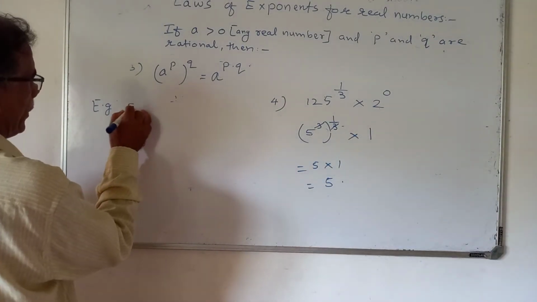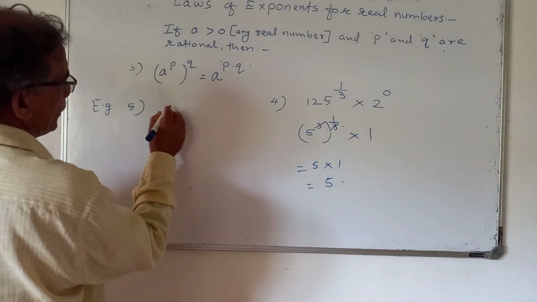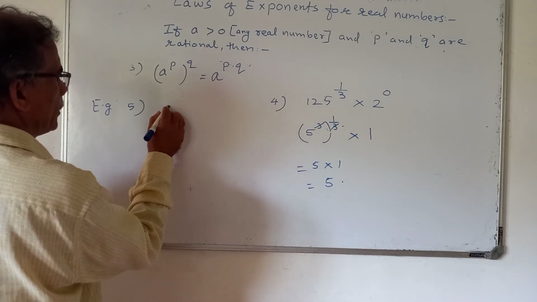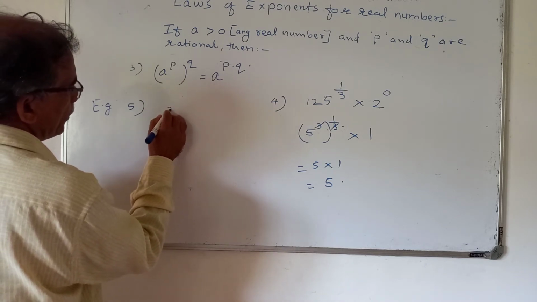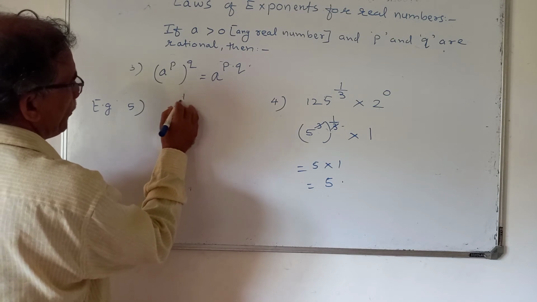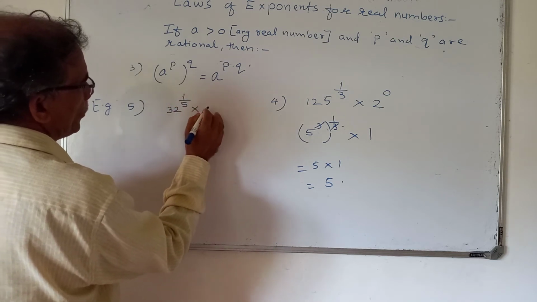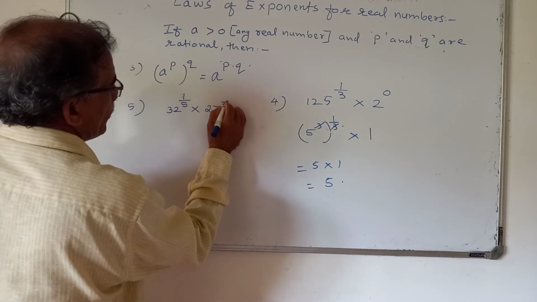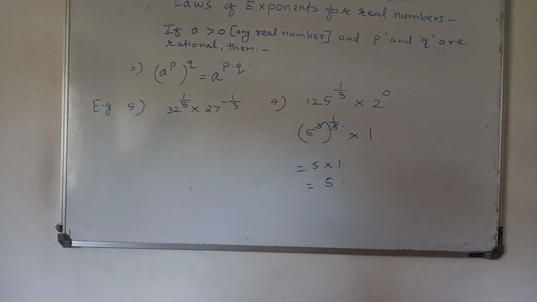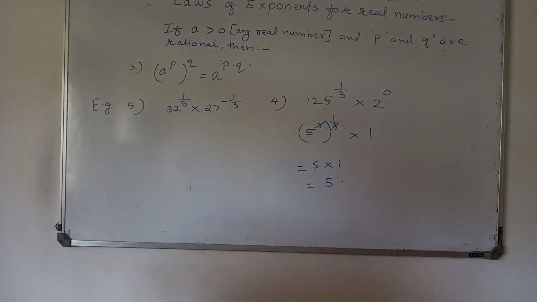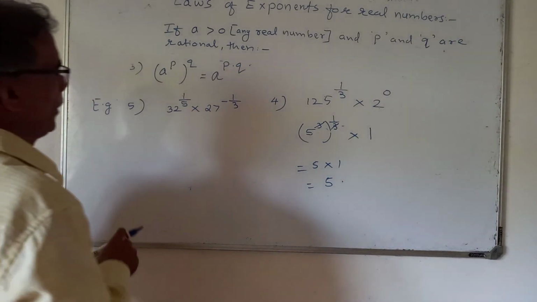Suppose fifth example: 32 raised to 1 by 5 into 27 raised to minus 1 upon 3. Suppose it is given like this. It is upon 5.